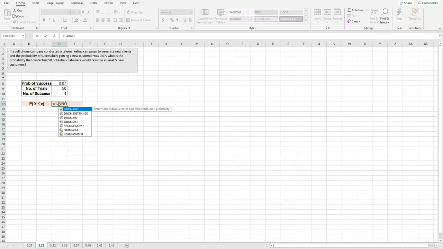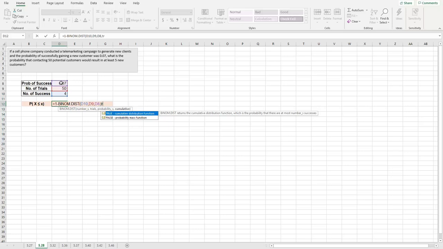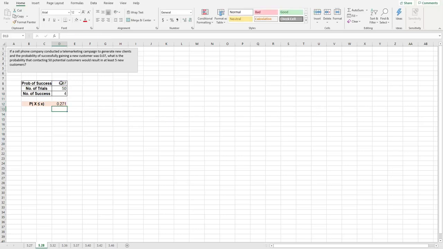So we would put 1 minus binom.dist and then apply our parameters as follows, with number of successes, number of trials, probability of success, and the cumulative set to true.